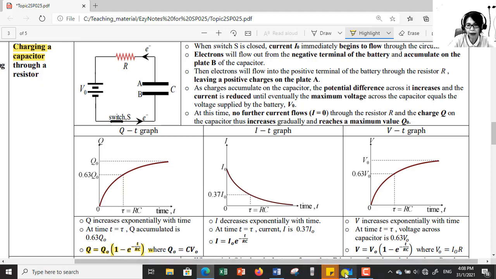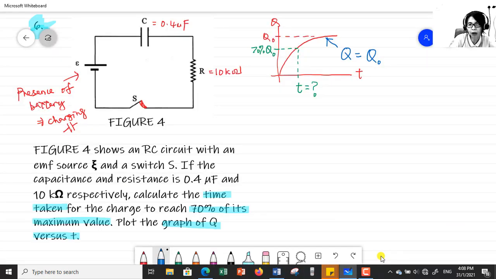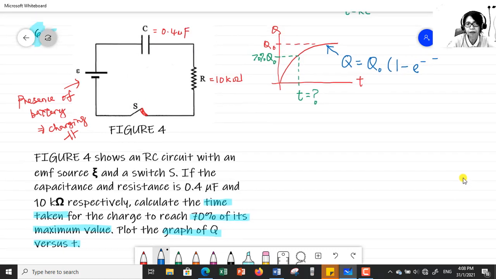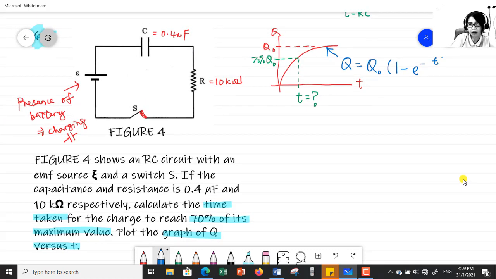So I write it down: Q equals Q0 (1 minus e to the power of negative t over RC). I use this equation to find the time.